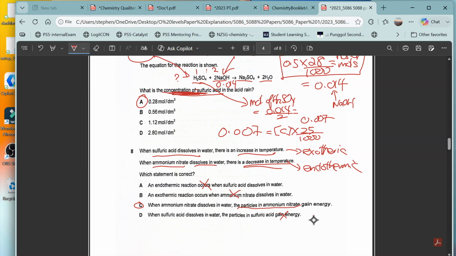This is a typical mistake done by the student again and again and again. So the particles I just draw like that, okay? Ammonium nitrate. Let's say these are the particles. So as they dissolve in water, and you put your thermometer inside this solution, ask yourself, what is the thermometer measuring?